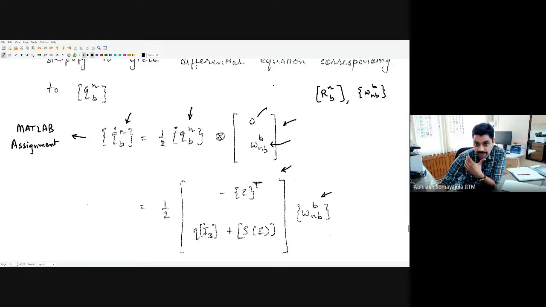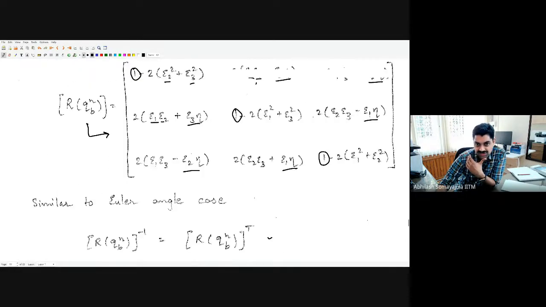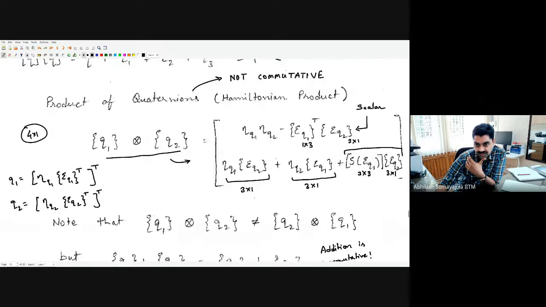If I go back to my expression for the product of the quaternions, it will be clear. What is eta q2 here? It will be 0, right? So this term is not there, and I only have this term and this term.